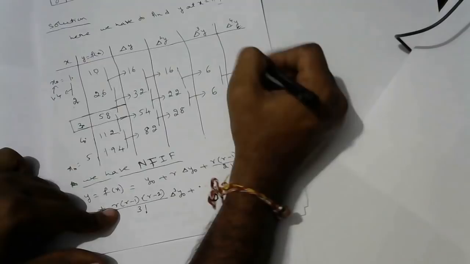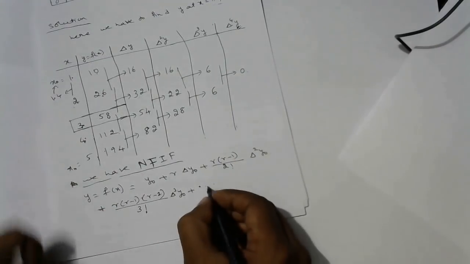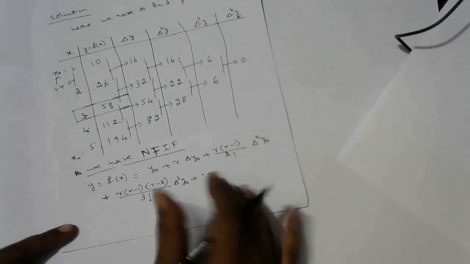Because delta to the power of 4 y naught value is 0, neglect those terms.